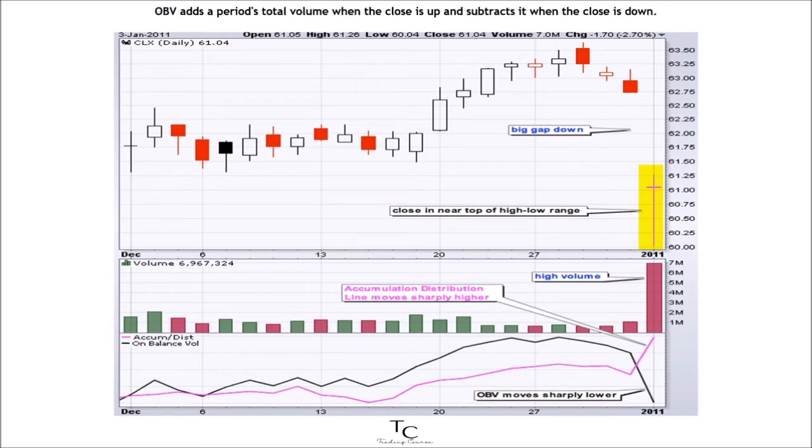OBV adds a period's total volume when the close is up and subtracts it when the close is down. A cumulative total of this positive and negative volume flow forms the OBV line. This line can then be compared with the price chart of the underlying security to look for divergences or confirmation.